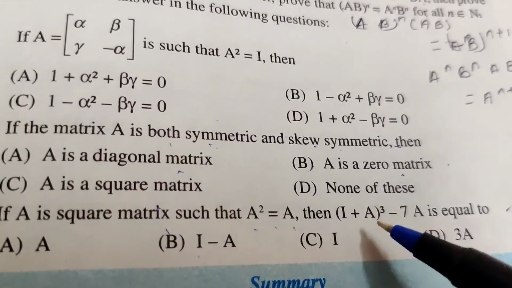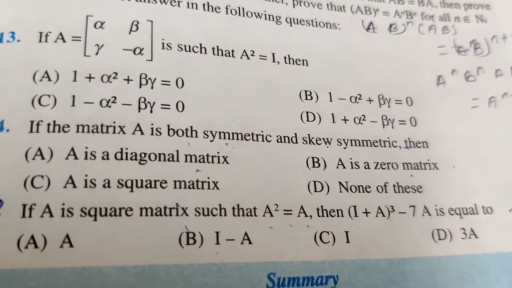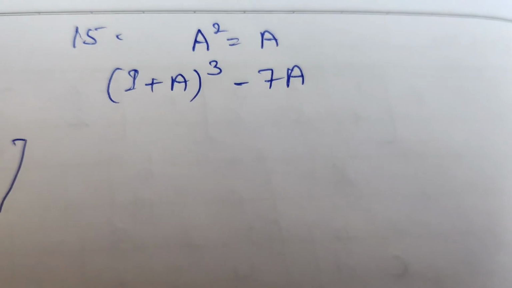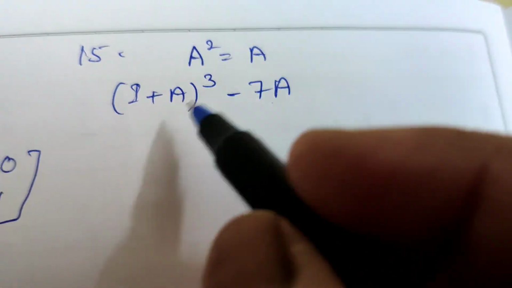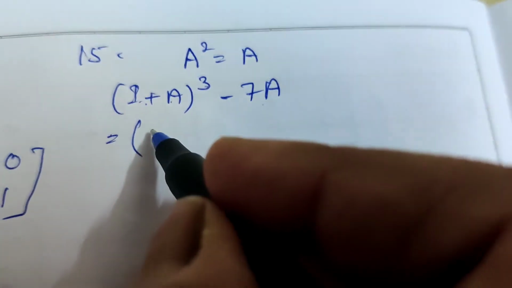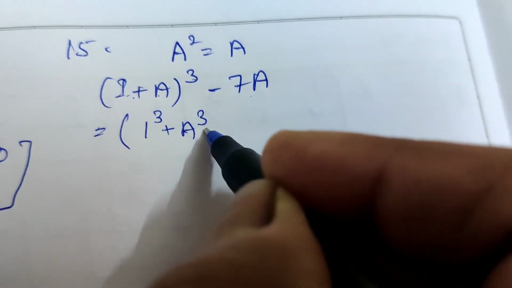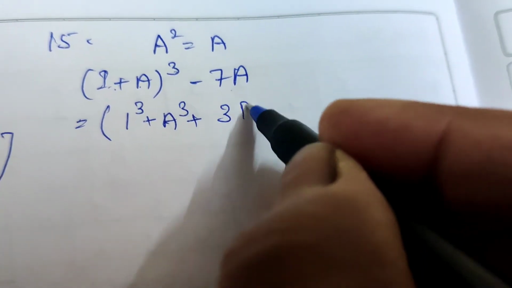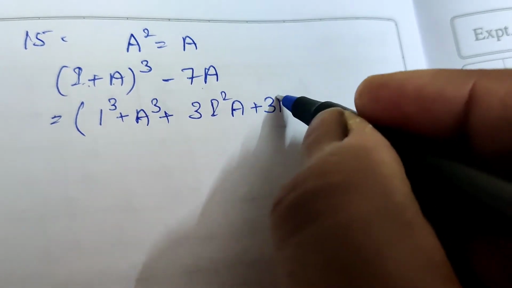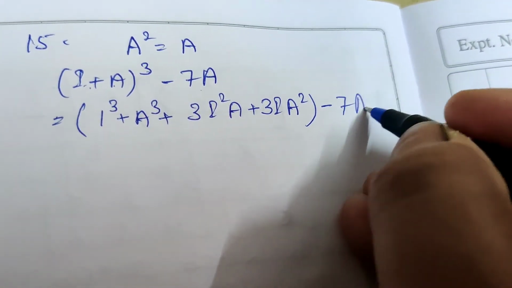to A, then (I plus A) whole cube minus 7A is equal to? If A square equal to A, (I plus A) whole cube minus 7A equal to, we will expand by the formula of (a plus b) whole cube. It means a cube plus b cube plus 3a square b and then 3a b square minus 7A.